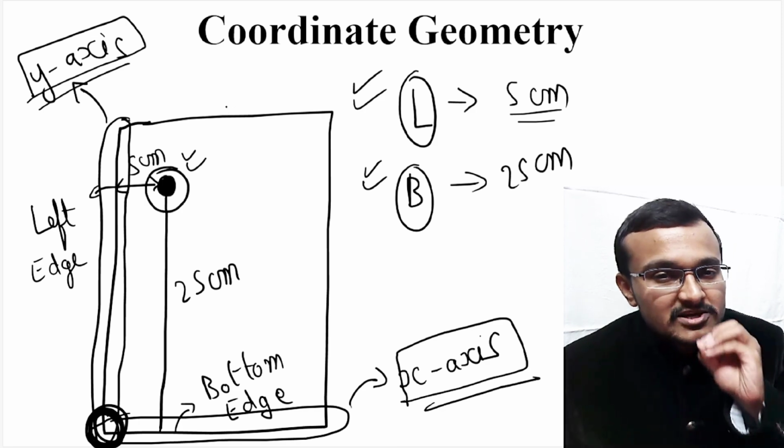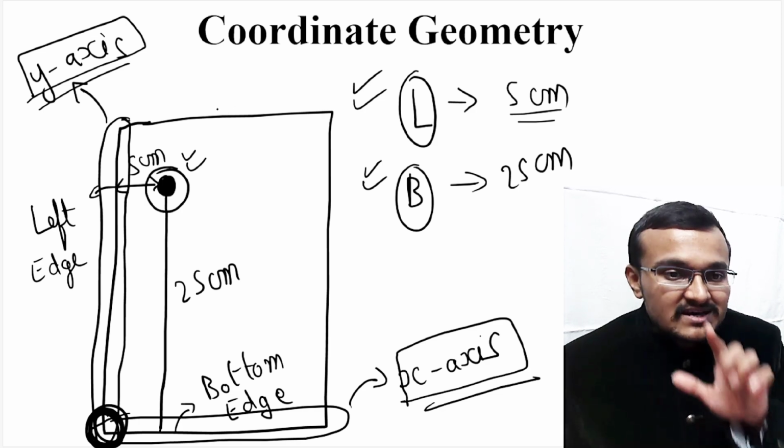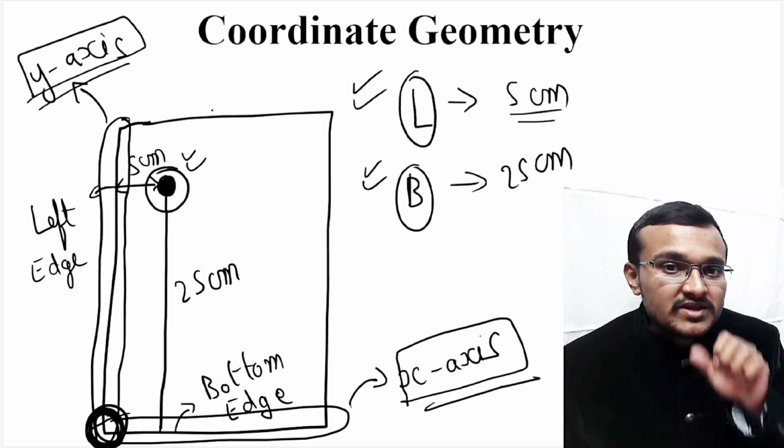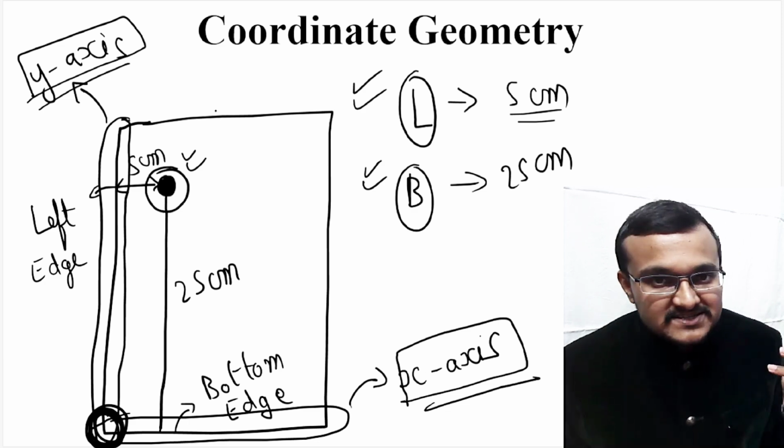Similarly, if you want to locate a particular position in three-dimensional space, then you want three different pieces of information corresponding to three different axes.